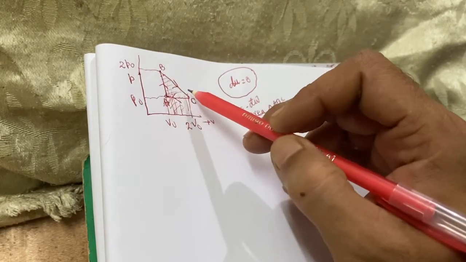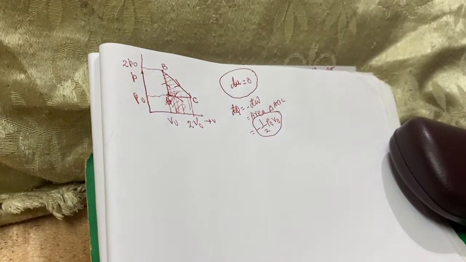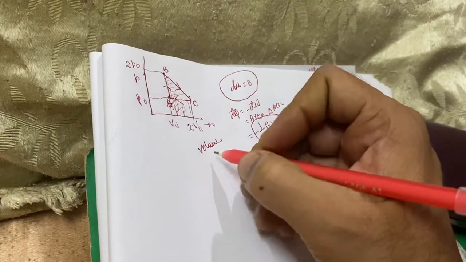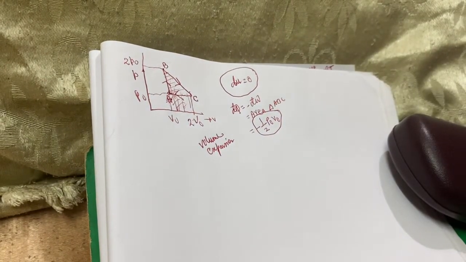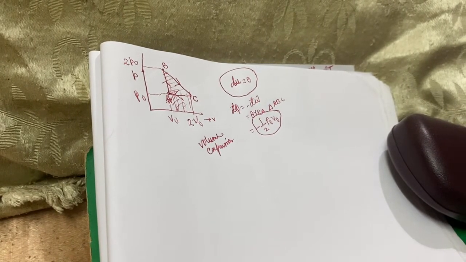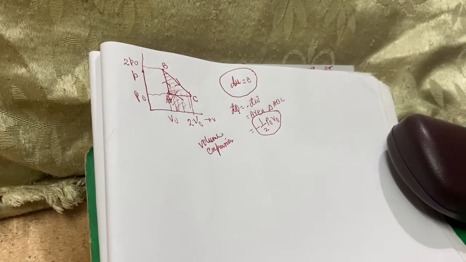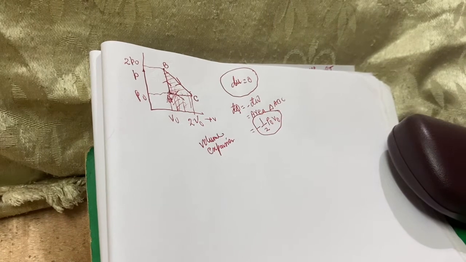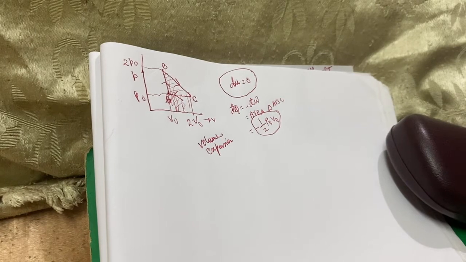So overall, if we sum, the area under the BC curve is large, so overall volume expansion took place, and it is work done by the system. And if the work is done by the system, then it will take energy from outside. For doing the work, we need energy, and this amount of energy dq is minus half P0 V0.